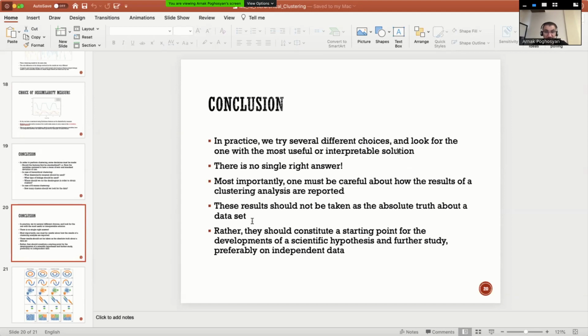As usual, try several different choices, then come up with a final decision. There is no single right answer. And again, the problem is that this is an unsupervised problem, so the final conclusion is always very hard to reach. Be very careful, because you mostly don't know how to interpret your results.